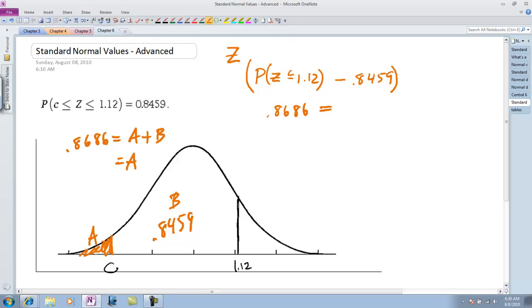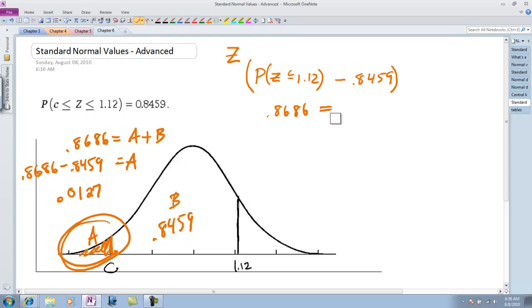So A, this region over here, is 0.8686 minus 0.8459, which is 0.0127.